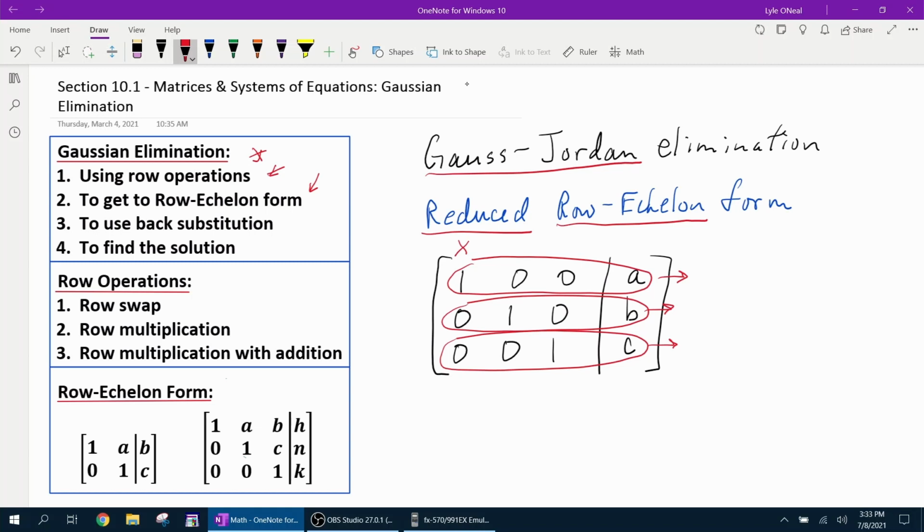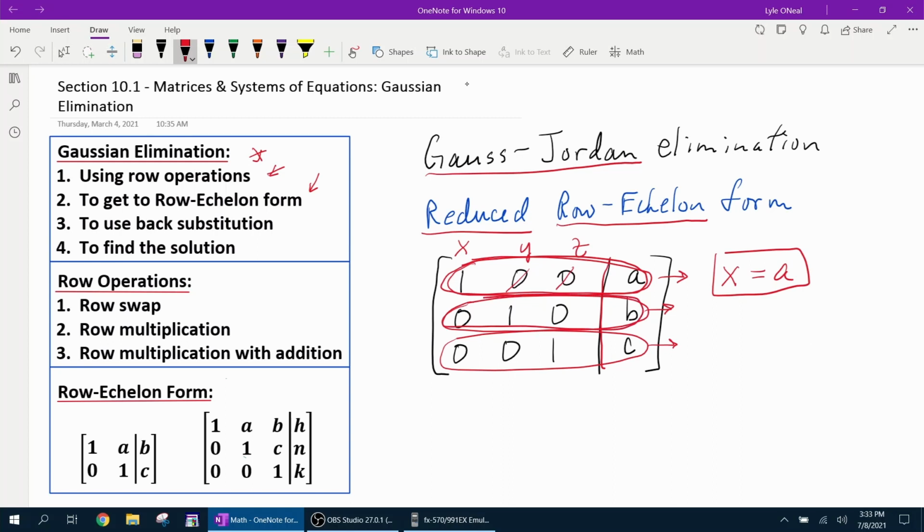So this would be the x, the y, and the z. And this first row, if you translate it back into an equation, it would say 1x, which is just x. There would be no y and no z. Remember, the vertical bar means equals, and you would have your solution for x.